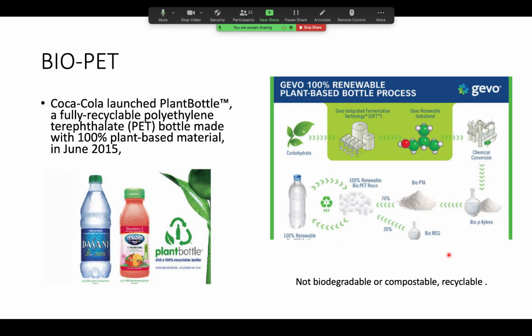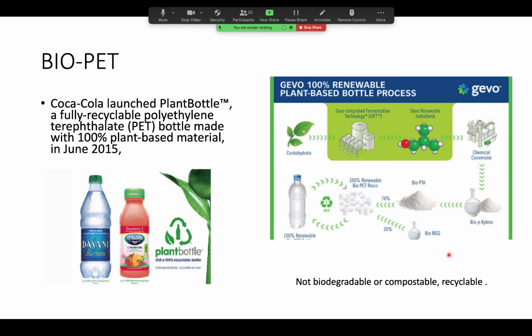And there's also bio PET. I'm going to talk about a particular case of bio PET because it's pretty well encompassing. Coca-Cola launched something they call a PlantBottle, where they're trying to make their bottles out of 100% plant material.